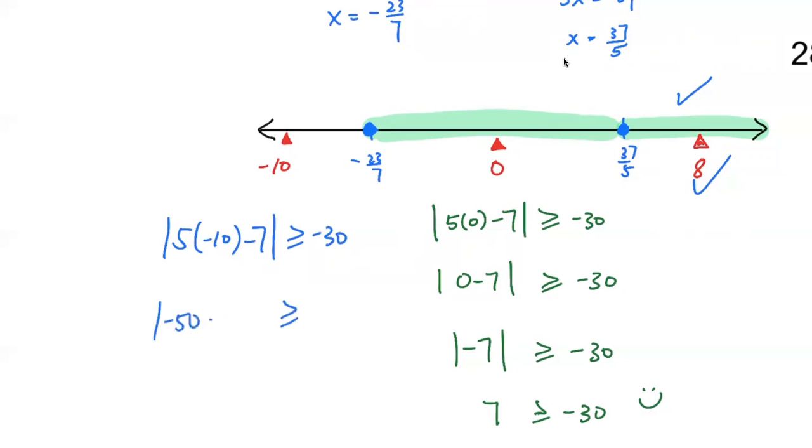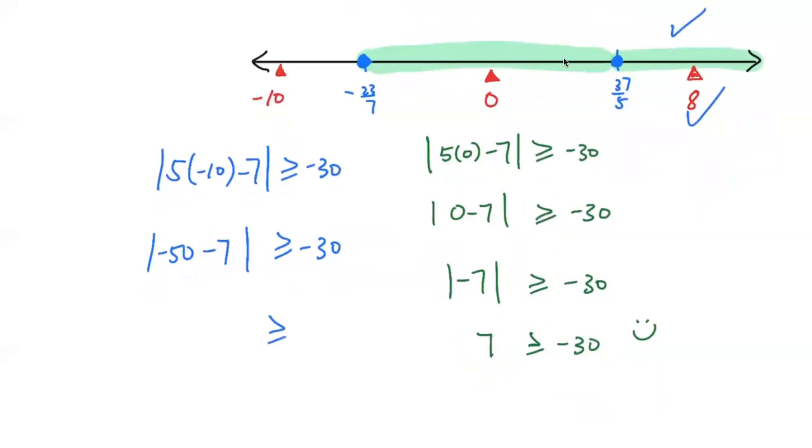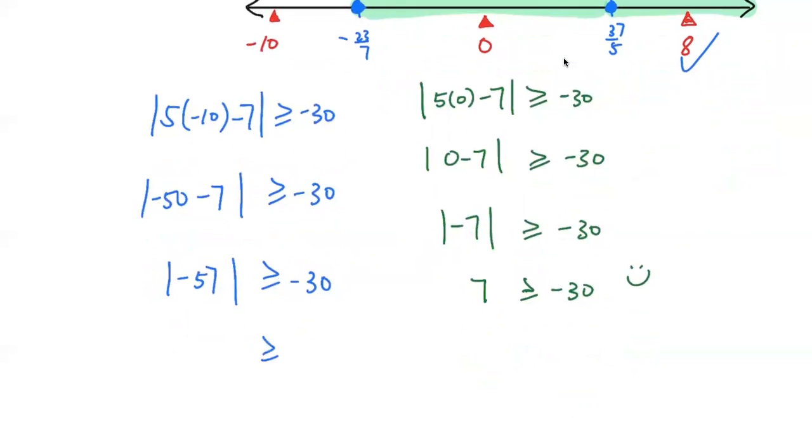Negative 50 minus 7, absolute value, is greater than or equal to negative 30. Then you have negative 57, absolute value, which is 57, greater than or equal to negative 30. And this is true as well.